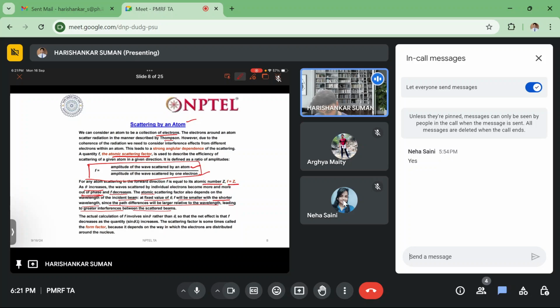The actual calculation of f involves sin theta rather than theta, so the net effect is that f decreases as the quantity sin theta over lambda increases. The scattering factor is sometimes called the form factor because it depends on the way in which electrons are distributed around the nucleus. So this is all about the atomic scattering factor.